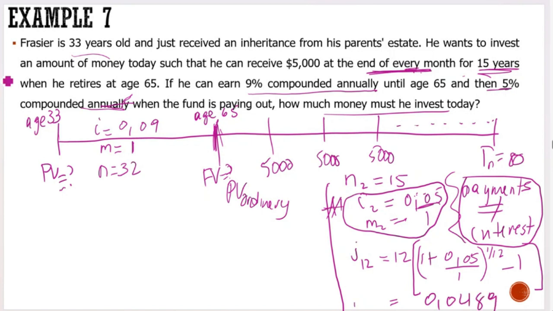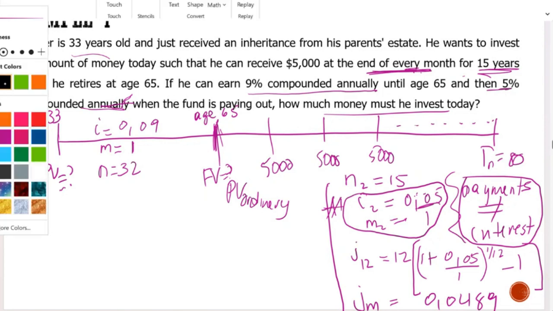This is an interest rate compounding monthly. The focus here is on this annuity period, the period that I'm working in.